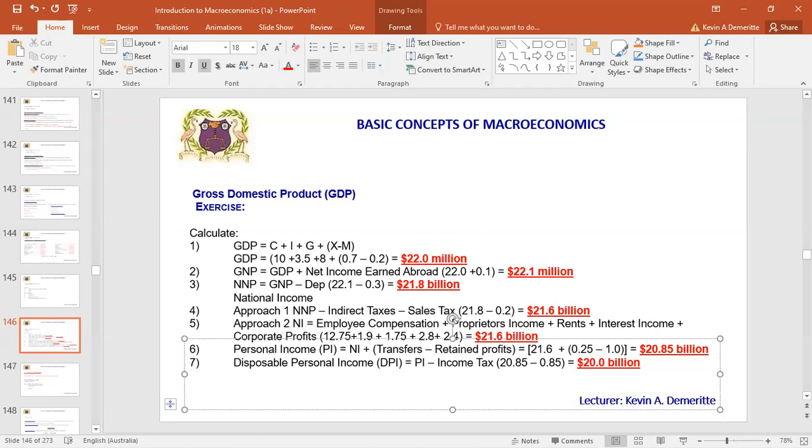Then our next step is to calculate net national product, NNP. And according to our notes, NNP is GNP minus depreciation.